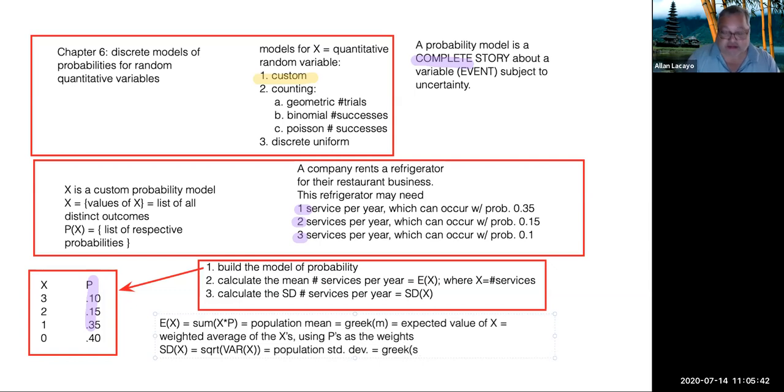It's a Greek letter S in small case, sigma, and that's known as the standard deviation of the random variable X, and that is the square root of the weighted average of the squared deviations from the mean. Each value differs from the expected value, and the weights are, again, the probabilities.